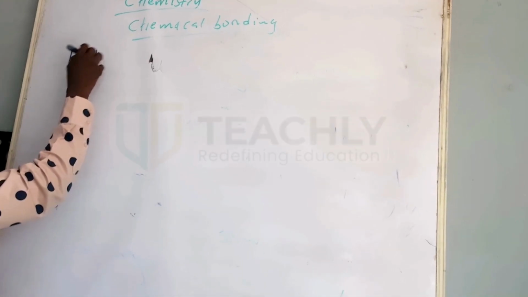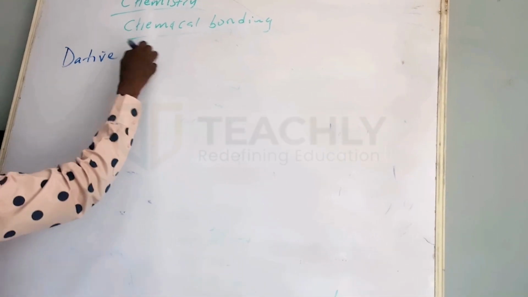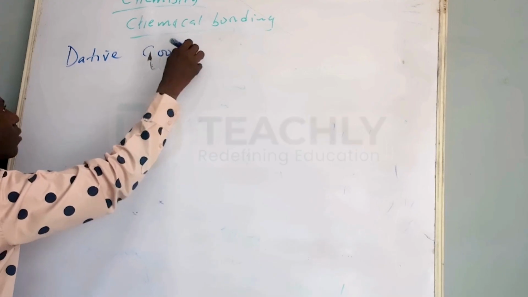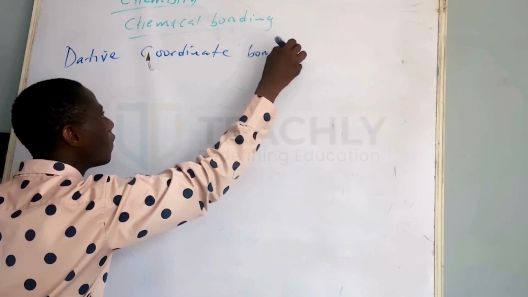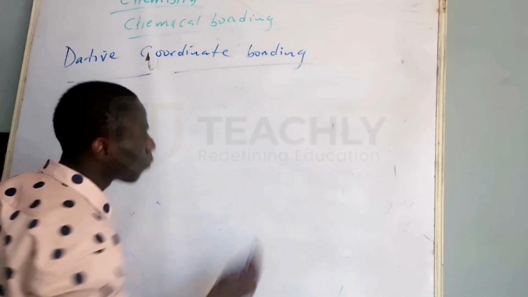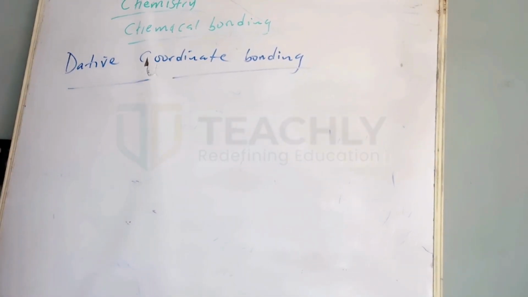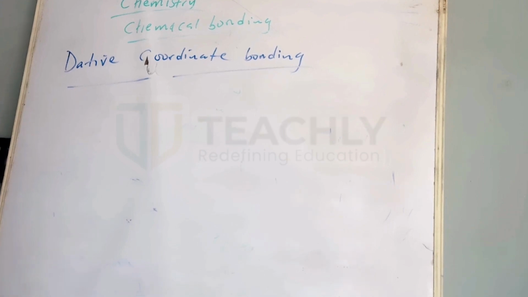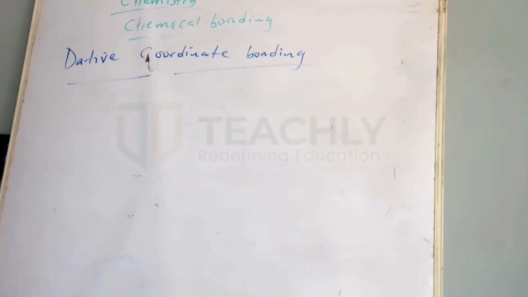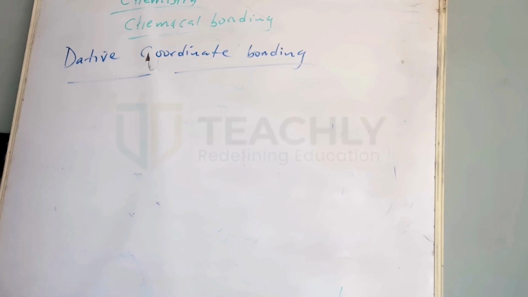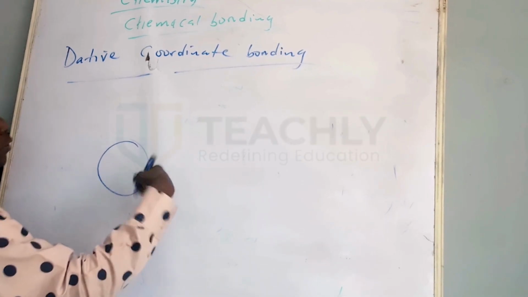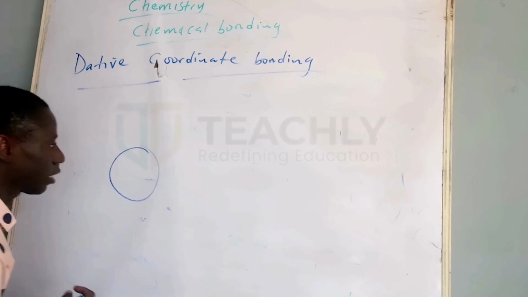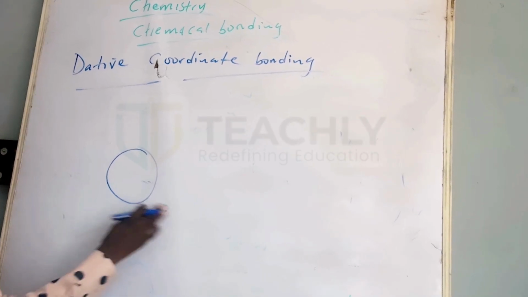In dative coordinate bonding, two atoms react together, where only one will donate electron, the other one will not donate, and they will share to form a complete bond.